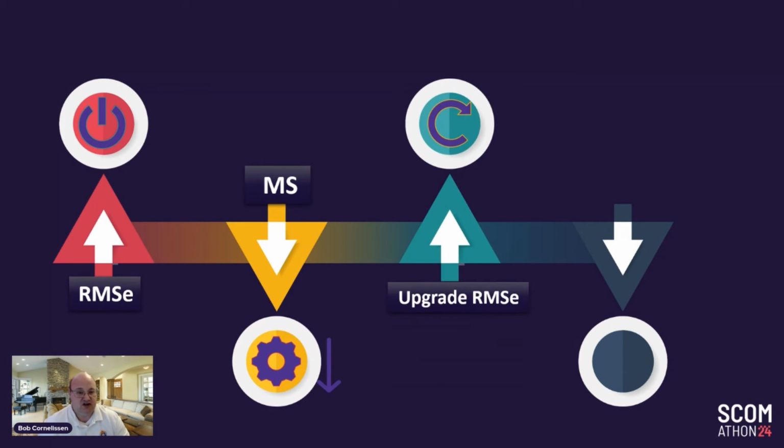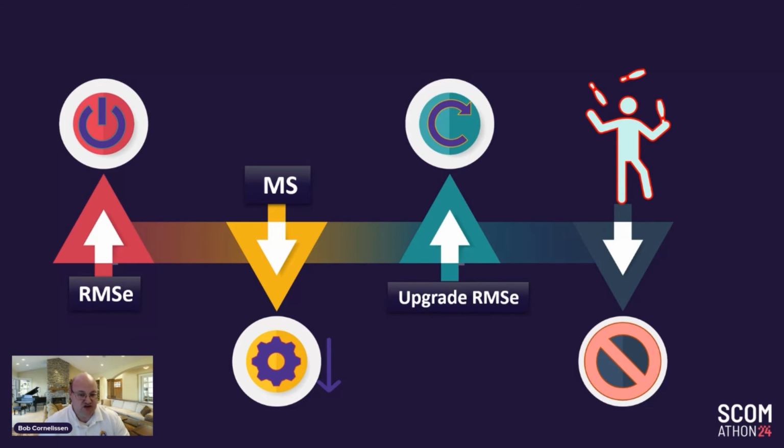And we can start the upgrade wizard, the SCOM installation wizard, to upgrade our RMSE management server. Please do not start the SCOM install wizard on multiple servers at the same time, because I have seen people say, well, let's just start the wizard on every server, and we do not press the final finish button.